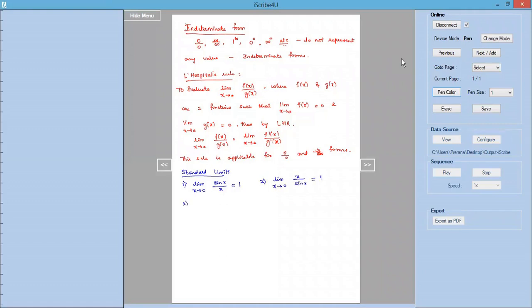In the same manner, limit as x tends to 0, tan x divided by x is equal to 1, and limit as x tends to 0, x divided by tan x is also equal to 1. So these standard limits will be helpful to us while doing problems.